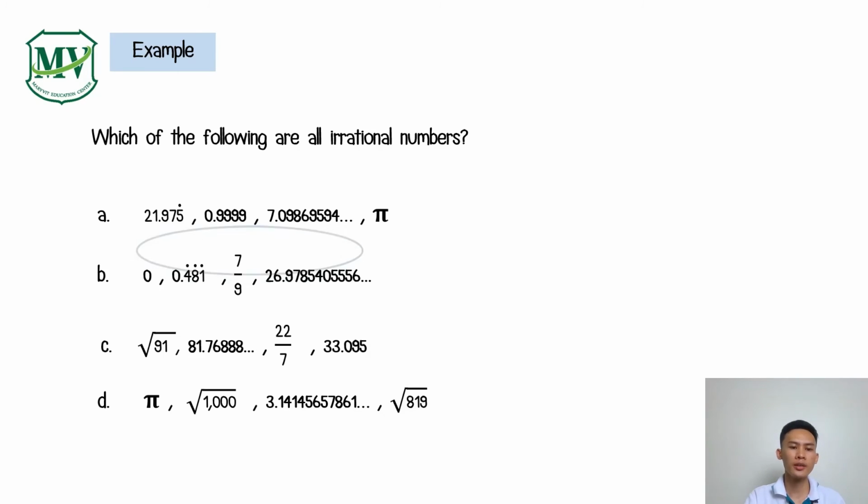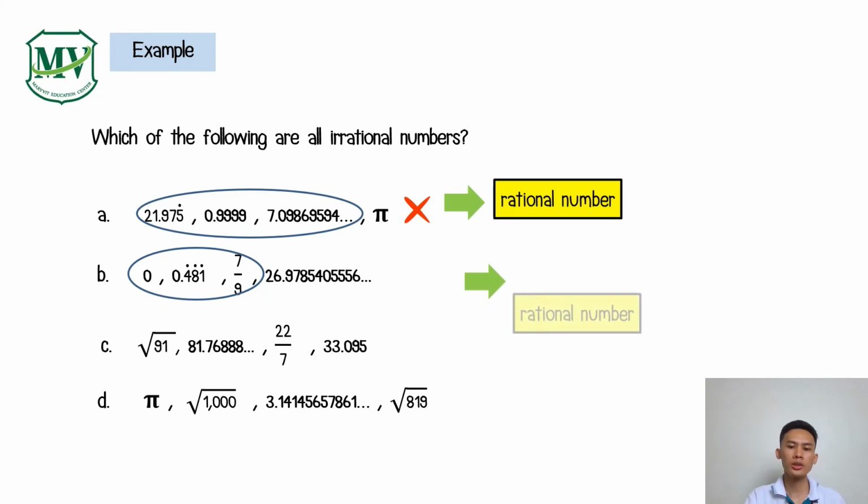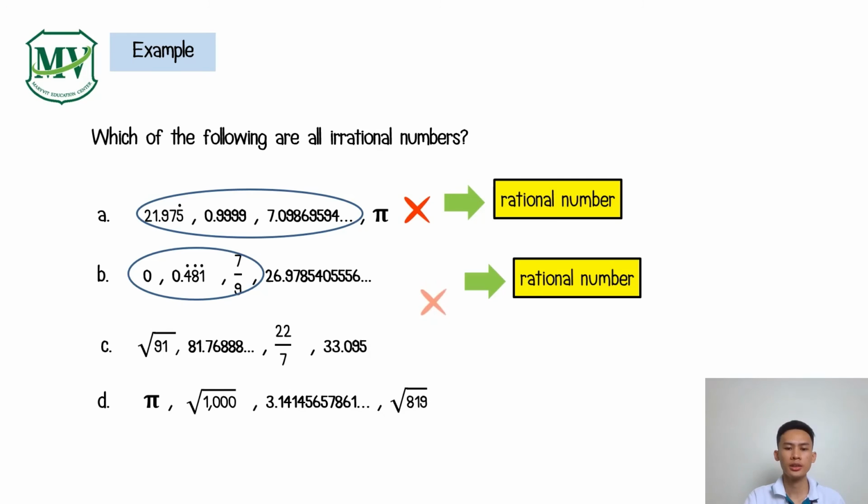So in letter A, some of the numbers are rational numbers. So it's not the answer. In letter B, some of the numbers are also rational numbers. So letter B is not the answer also.